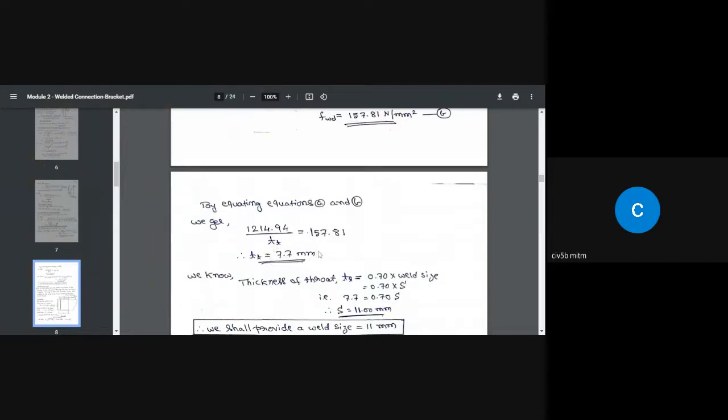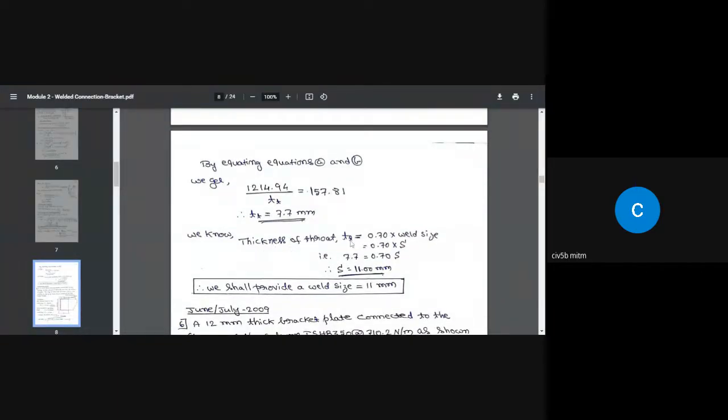So this is the thickness of the throat. But we need to find out what the weld size is. Yes, the thickness of the throat Tt equal to 0.70 multiplied by S, if you remember. You got 0.70 from Table 22 on page 78. So you always take 0.70.